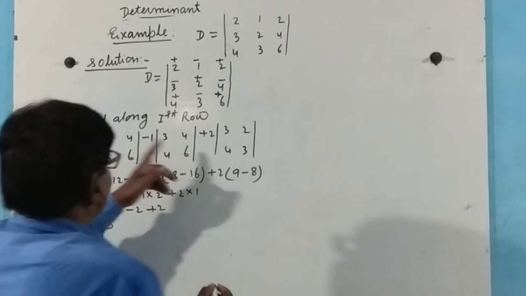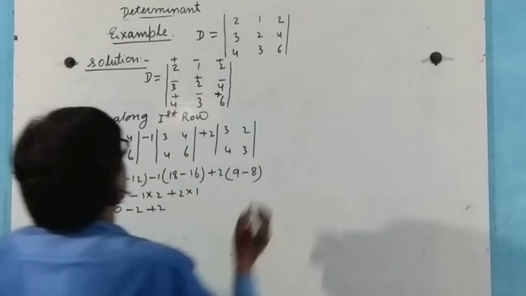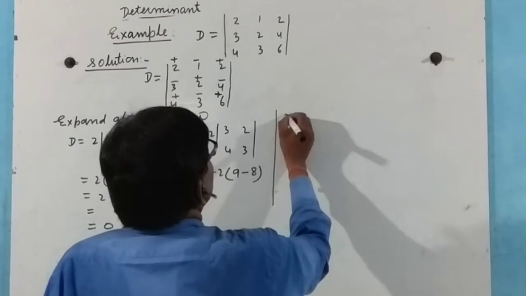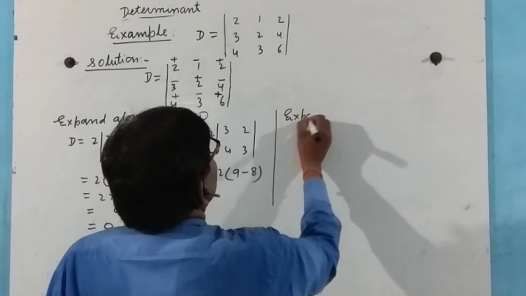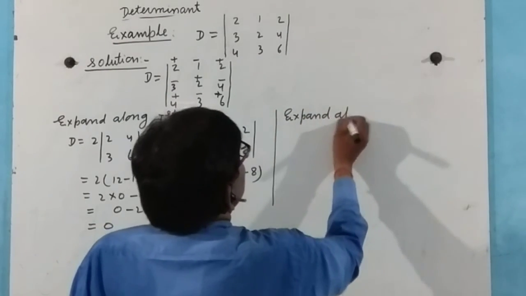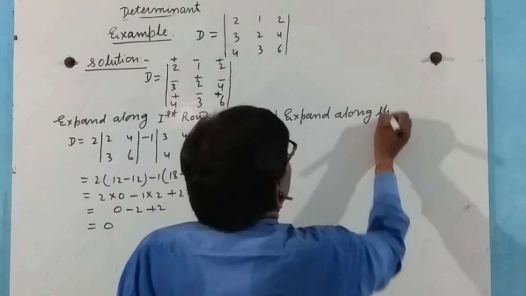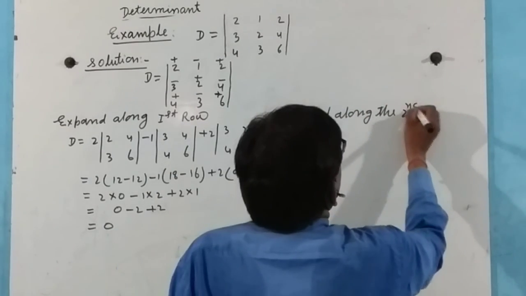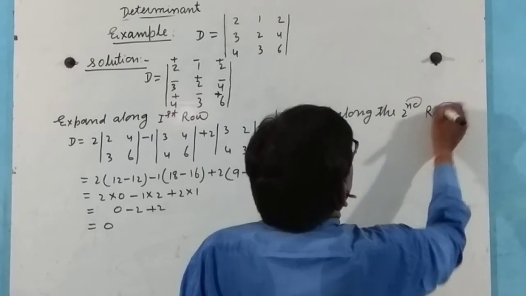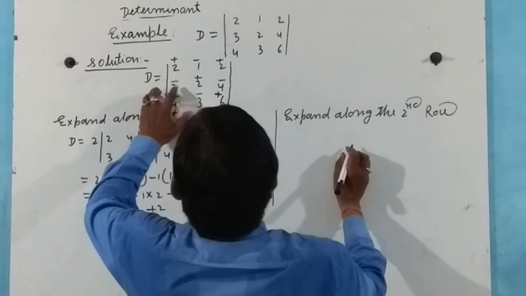Now expand along the second row here. Now this is the second row.